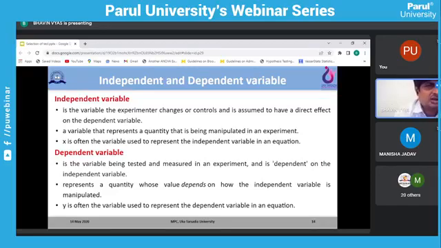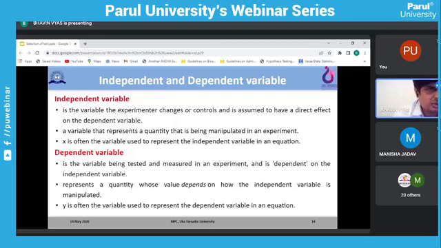Based on that, the hypothesis test will be different. So that's why I need to clarify these two terms.